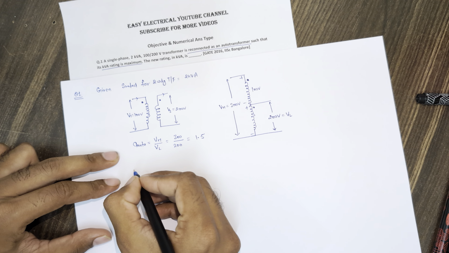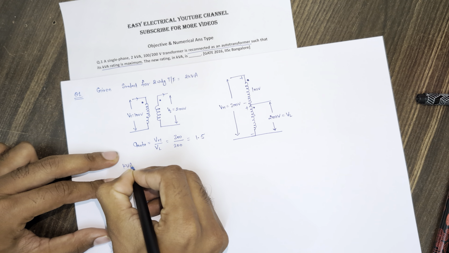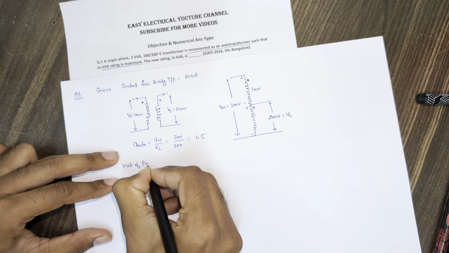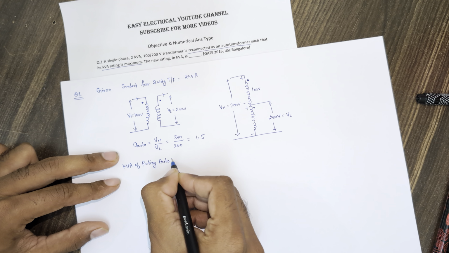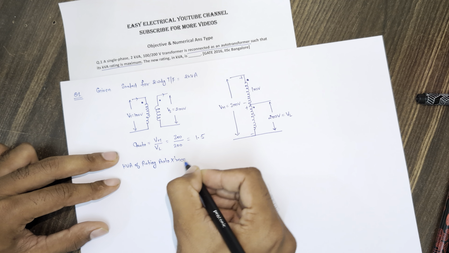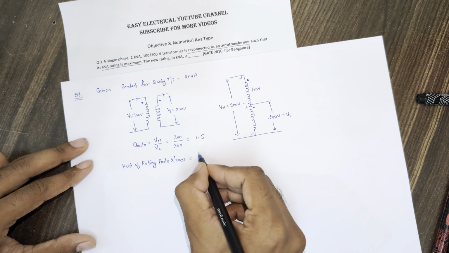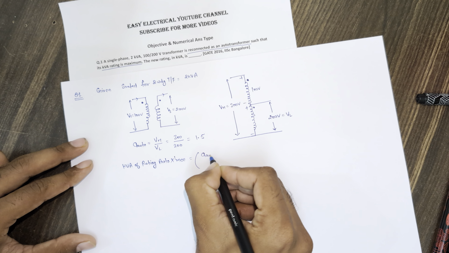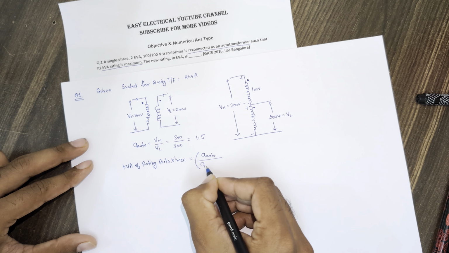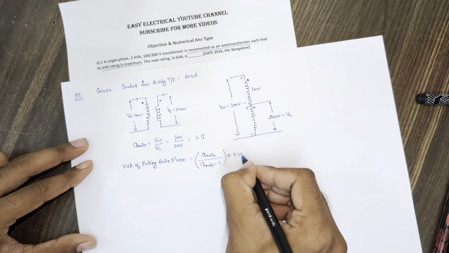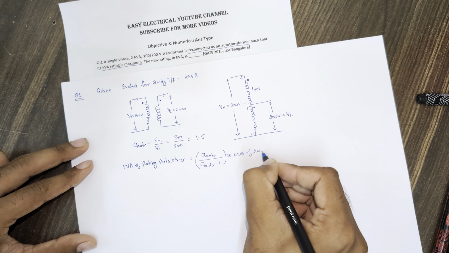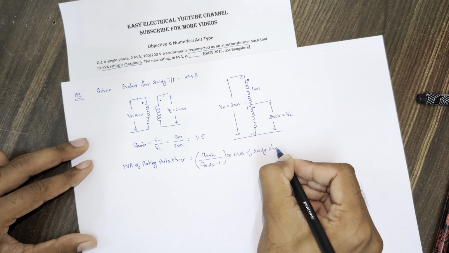Now the kVA rating of auto transformer is equal to A auto upon A auto minus 1 multiplied with kVA of two winding transformer.